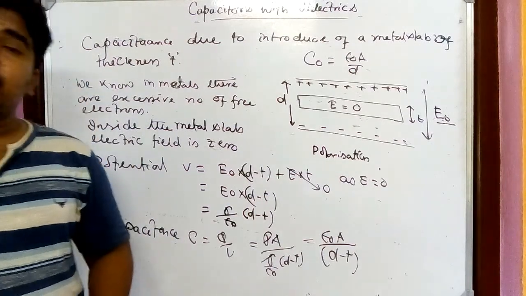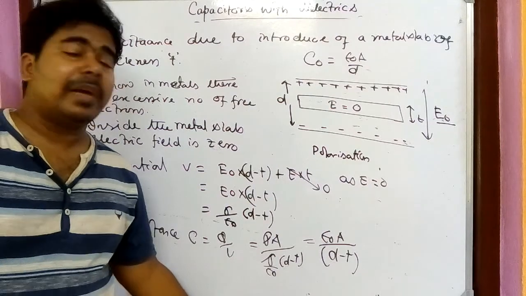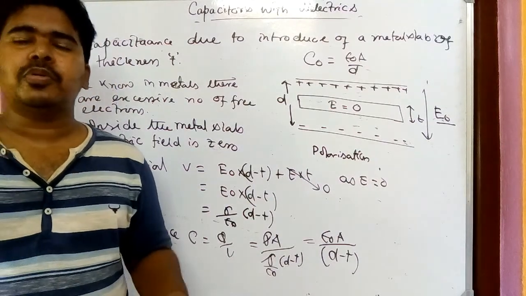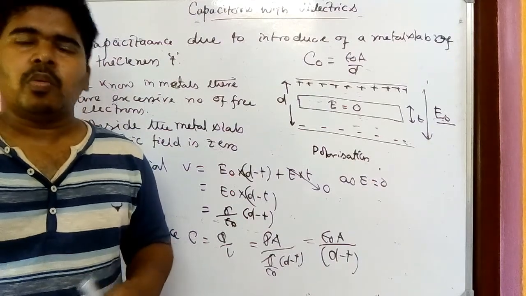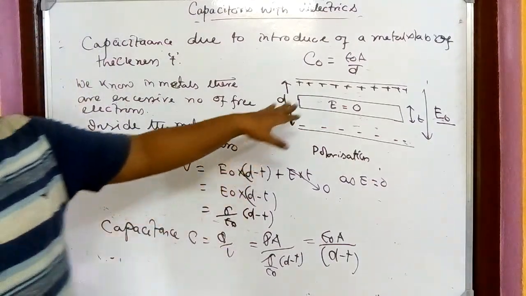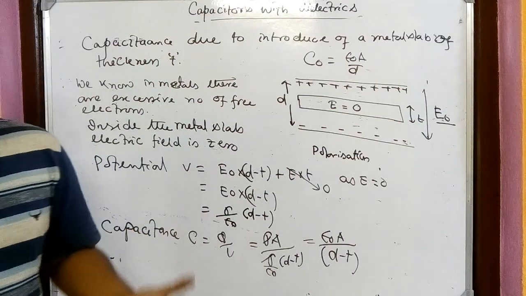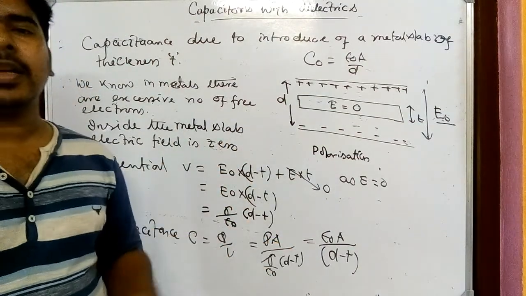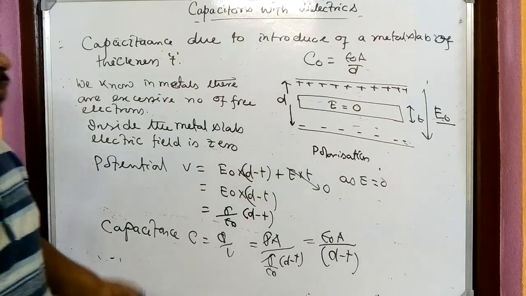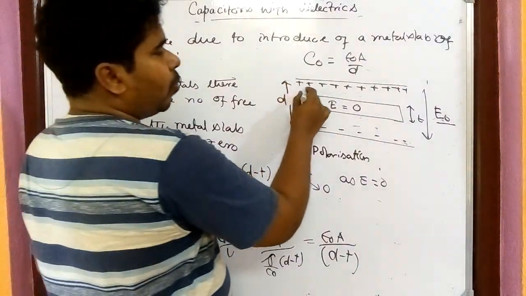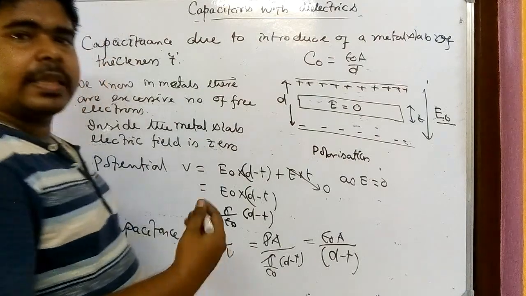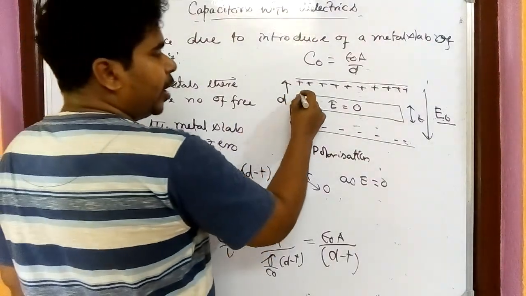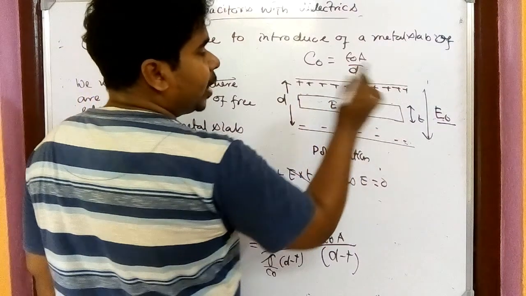If we could do this with a metal slab, then there would be no need of introducing a dielectric. Why can we not use the metal slab, though using it we have seen the capacitance is increased? The problem is that due to the presence of positive charges here, as it is a metal, due to induction negative charges will automatically come.